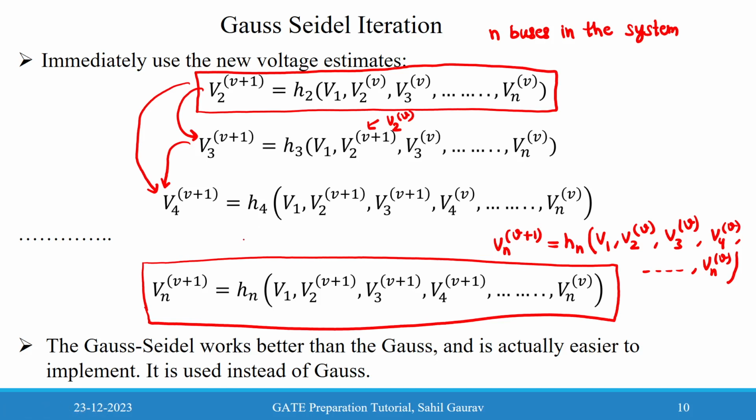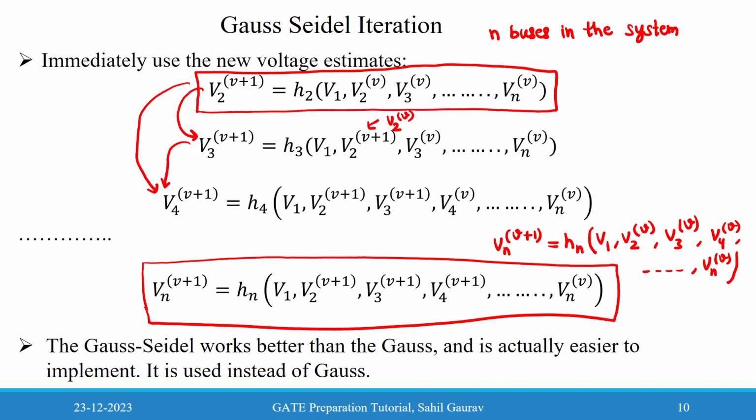In Gauss-Seidel, I have an example solved in my notes, but I have not put it here because that will make more slides. If you read any book, you can understand what I want to say. Just go through a textbook, it will be more clear.